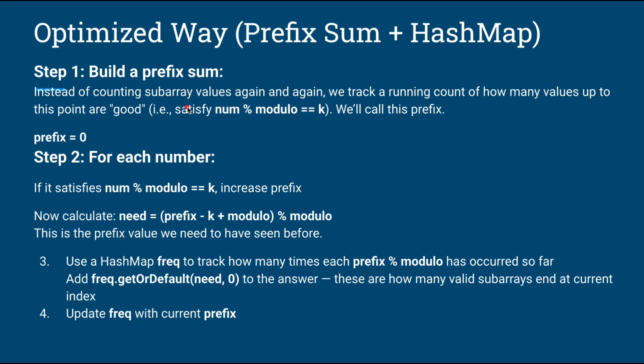We call this the prefix sum. So instead of counting subarray values again, we track a running count of how many values up to this point are good.